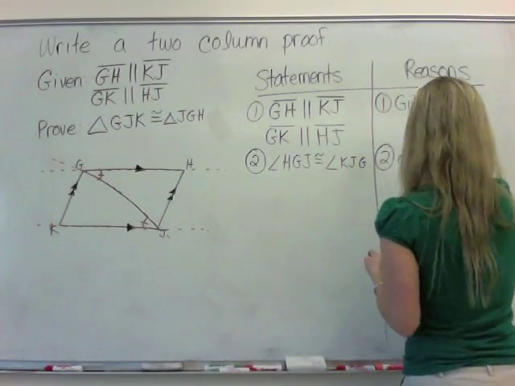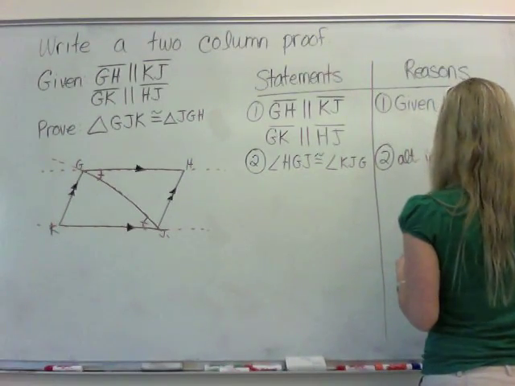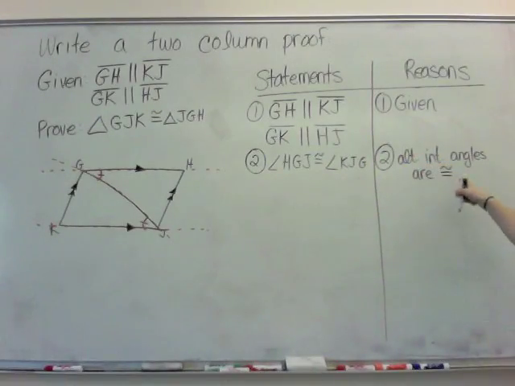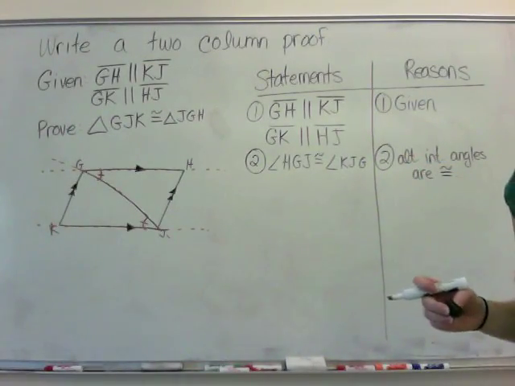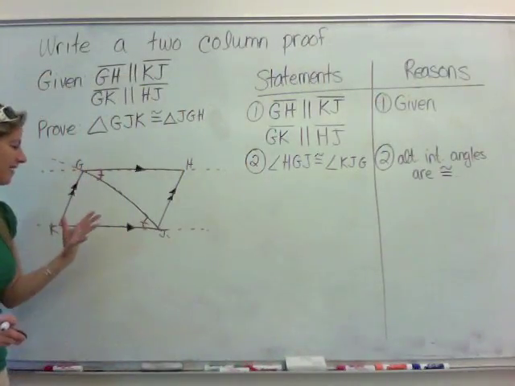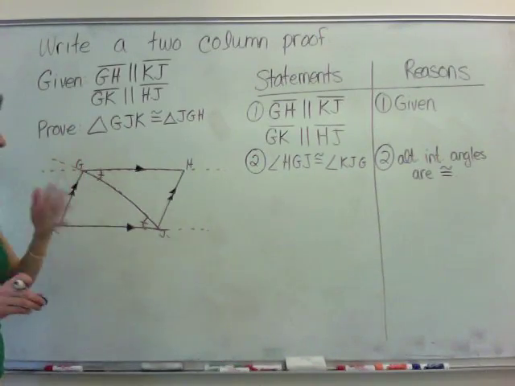So remember, alt-int angles are congruent, and it's okay if you abbreviate in that fashion for my class. Good. So we're getting there. We've got two angles congruent, but we still have a long way to go.